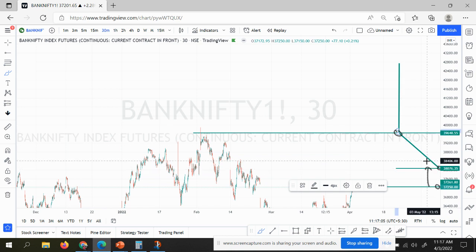So maybe the market expires here, you will get maybe 25% of the maximum profit. Let's say your market expires at this position, 38,800, so you'll get 50% of your profit. Let's say your market expires somewhere here, you'll get 75% of the profit. Let's say your market ends exactly at the sold position or above it, so you'll get your entire maximum profit.